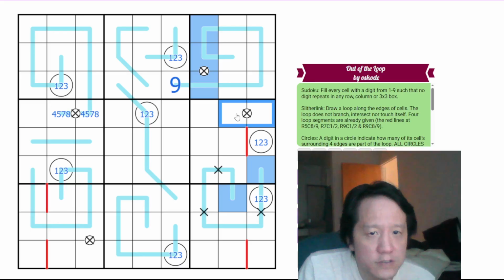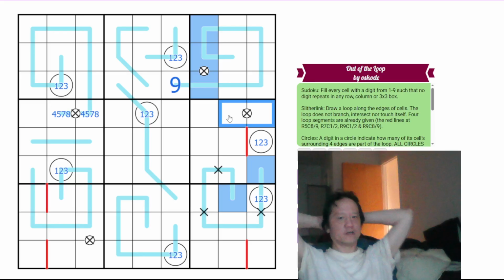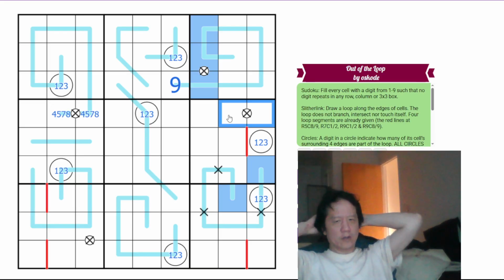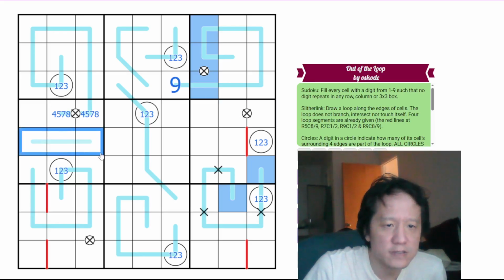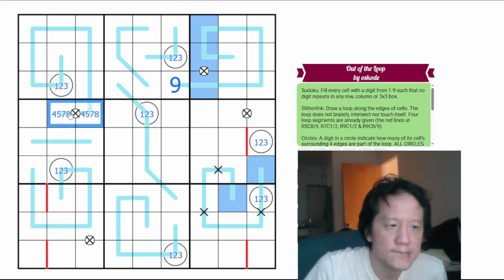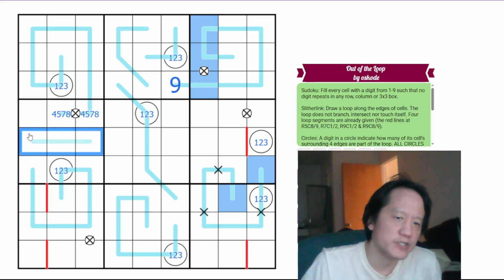So these are consecutive again. We don't know which one these are. There has to be a slither link cutting this line. That means this must be an even amount.